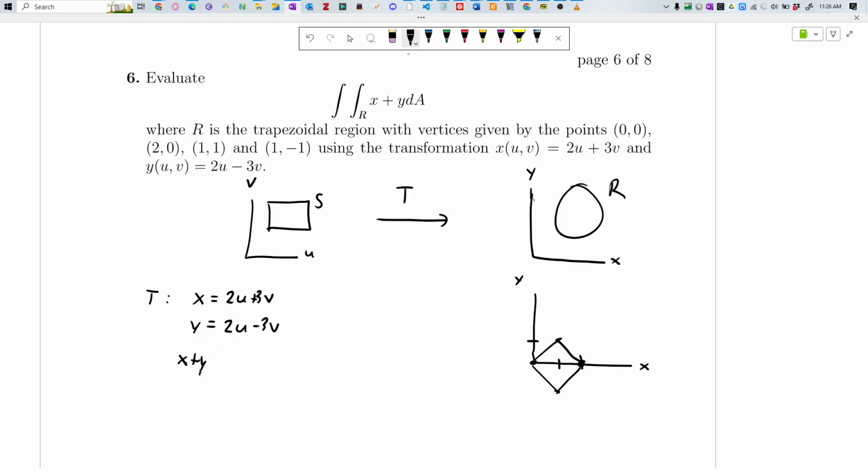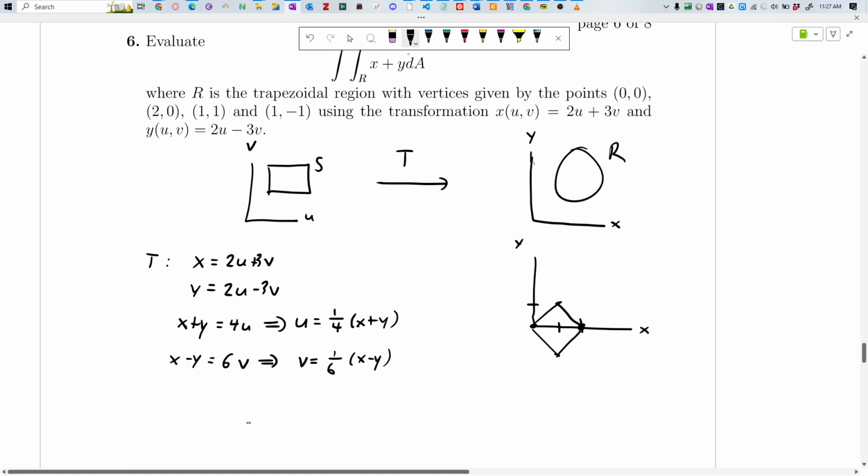So x plus y is equal to 4u, which gives me that u is equal to 1/4 (x plus y). If instead I subtract the 2 equations, then the u's cancel and I double up the v's. So I get 6v is equal to x minus y, and solving for v gives me v equal to 1/6 (x minus y).